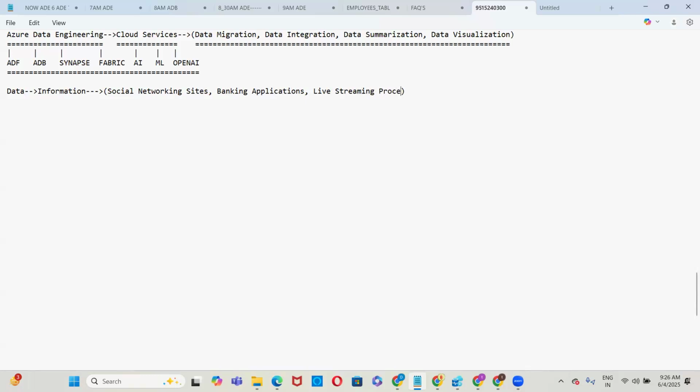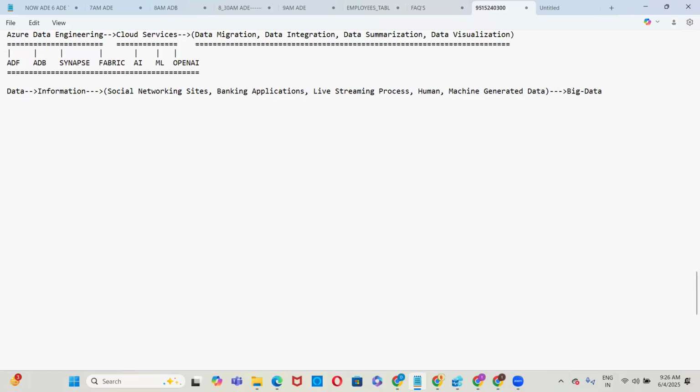And apart from live streaming, we can also get data that is human generated or machine generated. All this comes under the category of big data, which you know already.